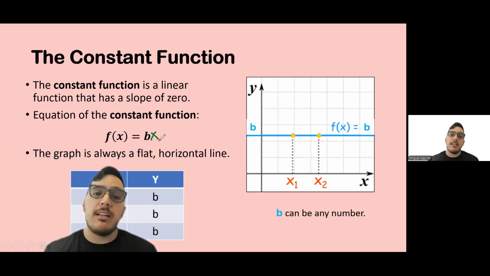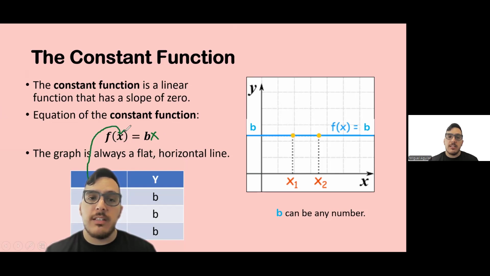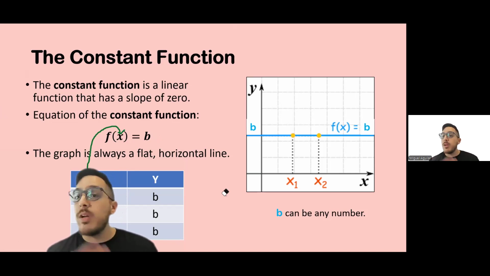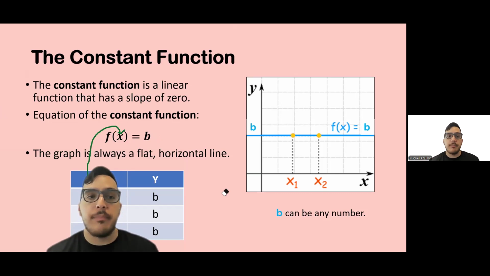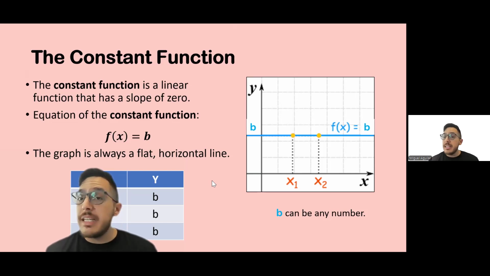So we cannot plug in a variable value. Even if I try to plug -2 into this function, because I don't have an x next to that value b, I can't plug anything in. So the output of the function is always going to be whatever that number is. Okay. So a constant function is called constant because the output never changes. It remains constant. It's going to be whatever that value is.